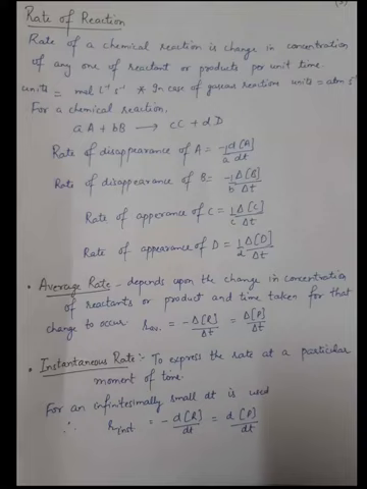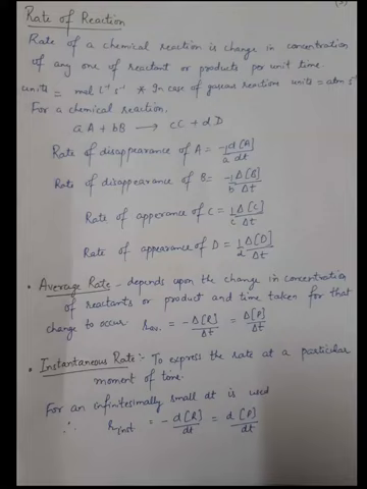Let us consider a chemical reaction: aA plus bB gives cC plus dD. Rate of disappearance of A, where disappearance of A means the reactant is decreasing, is minus 1 upon a, delta A upon delta t.